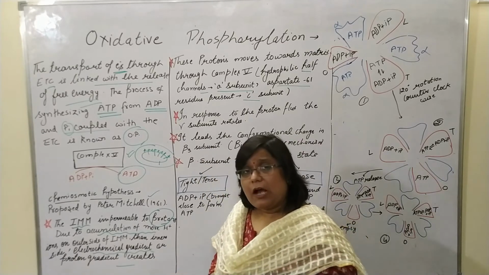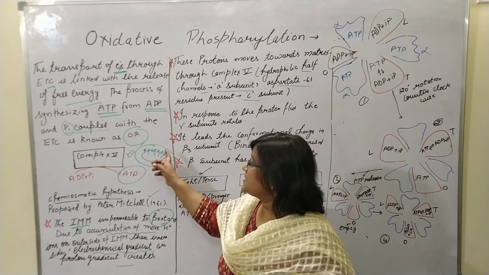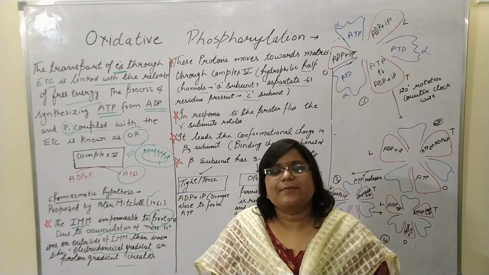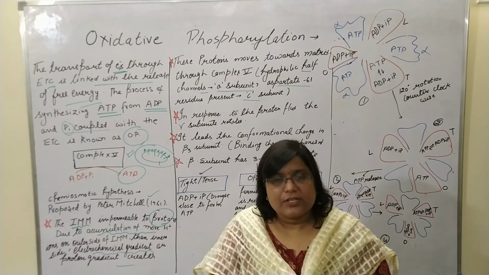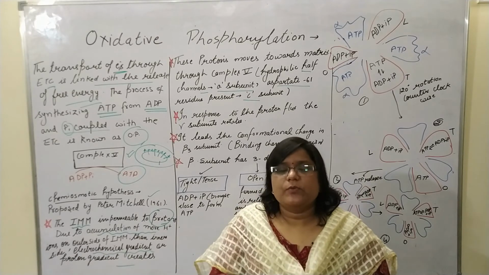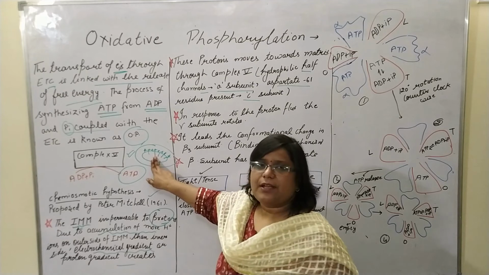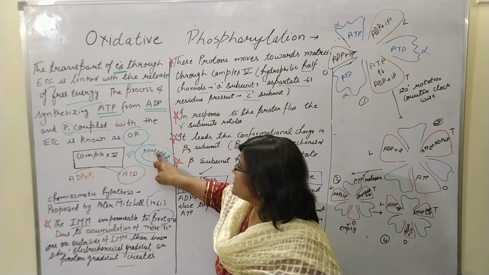Now we have to balance this gradient. Gradient means just difference, so don't get confused. Some students get confused about what the gradient is. This is the main confusing part. Gradient means the proton difference is created, and in biological terms you have to use the word gradient.